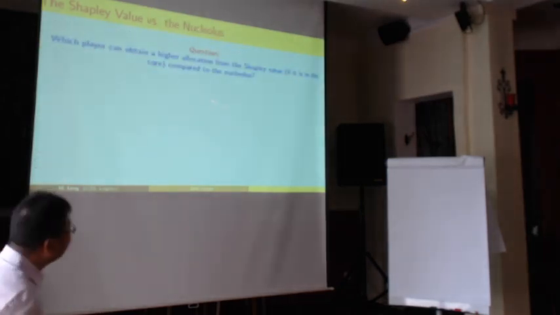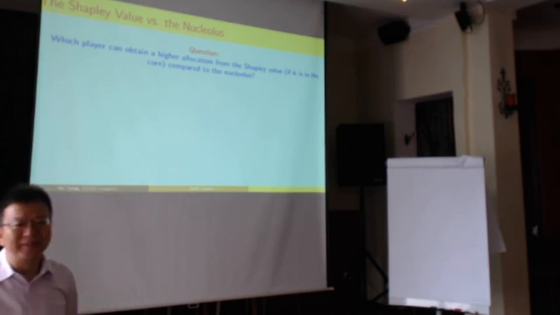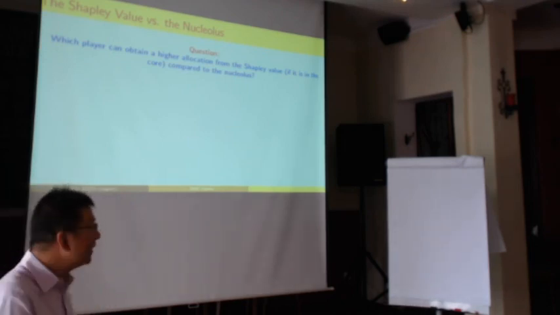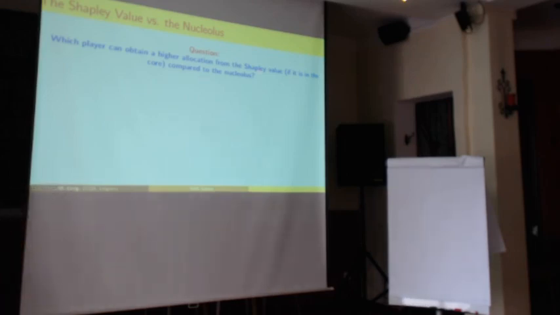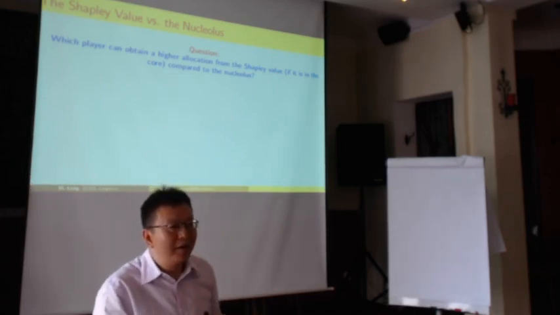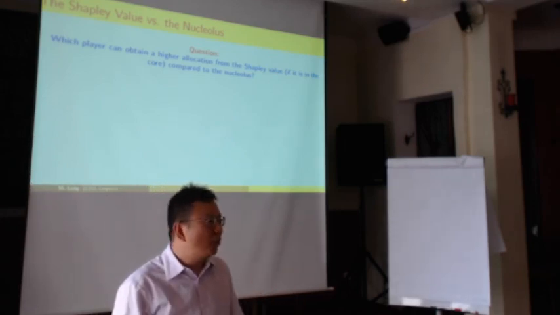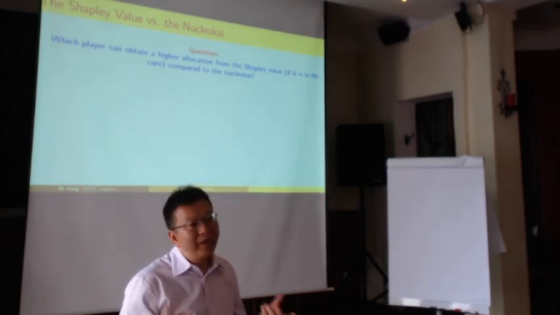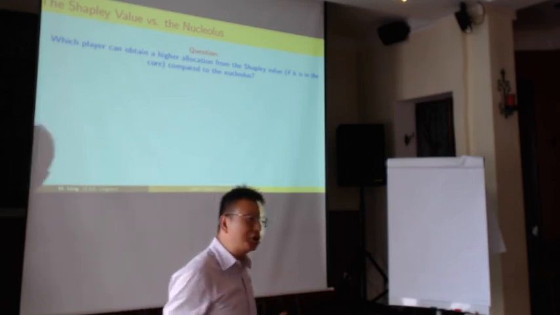Another question is, I think this is a new question. I never found this question in existing publications. Now this question is, suppose Shapley value is in the core. So we have a nucleus, we have a Shapley value. A very natural question is, which allocation scheme should we use? Definitely, V of n, the value of the grand collision, is fixed.